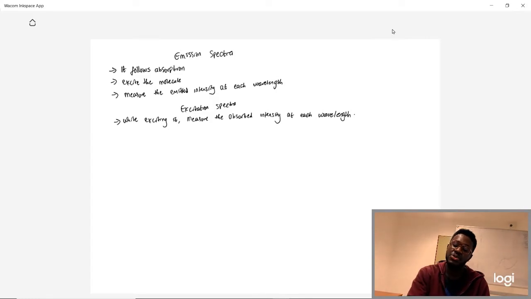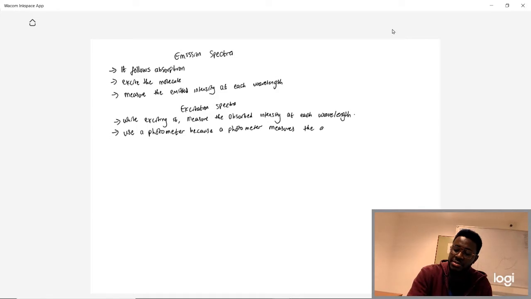So which one can we use to measure the excitation spectra, photometer or fluorometer? Photometer. Exactly, because a photometer can measure the absorption of light by measuring the transmitted intensity.